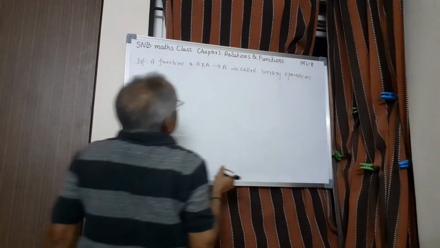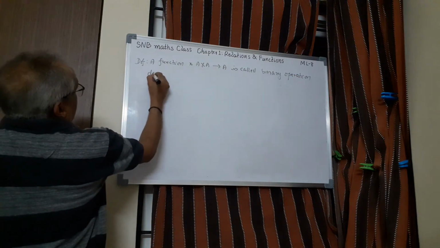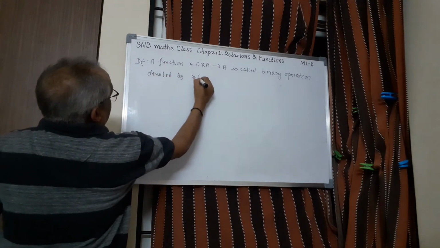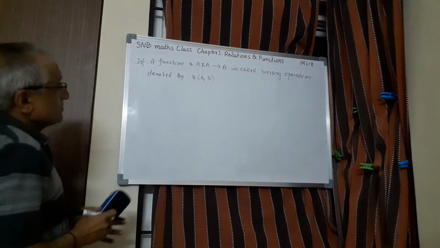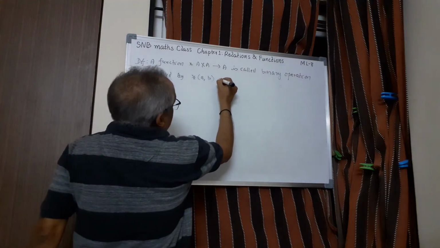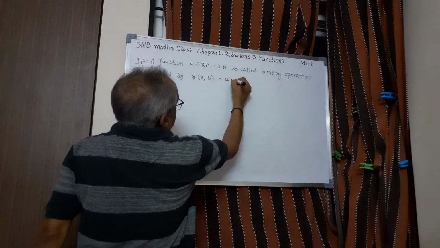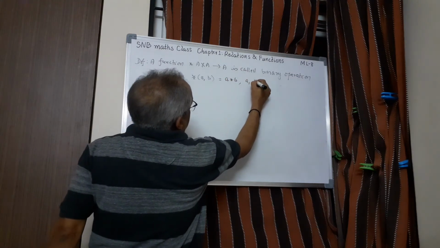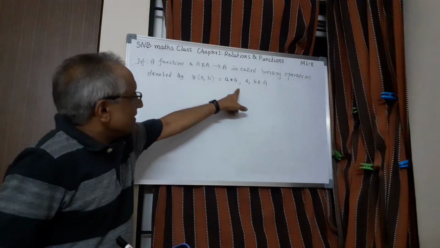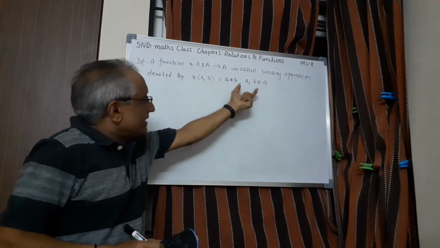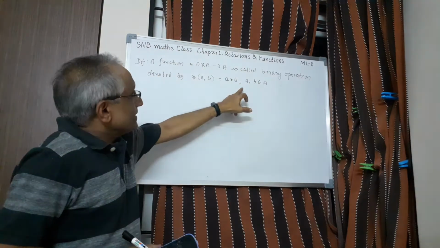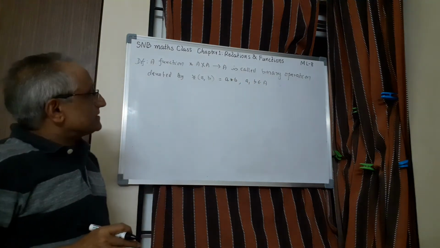Binary operation is denoted by star of (a, b). I have to take star of (a, b) because it is A cross A. This is equal to a star b, where a, b belong to A. You can write this way also, because a, b belonging to A, or the ordered pair (a, b) belonging to A cross A. Both are one and the same. So this is the definition.